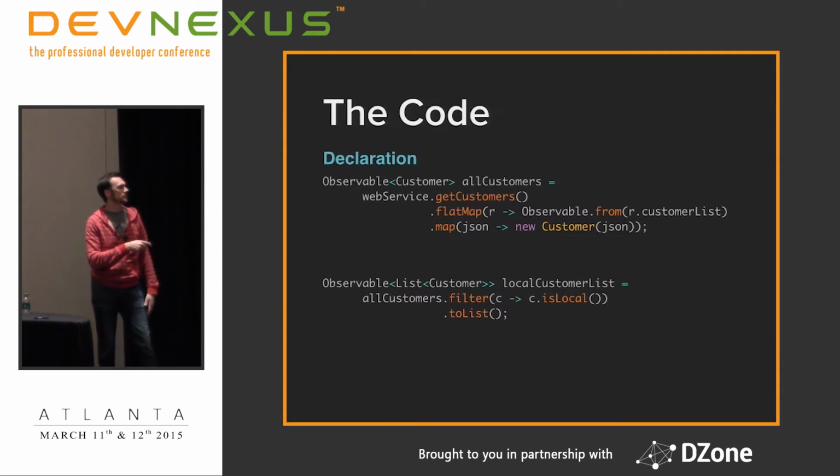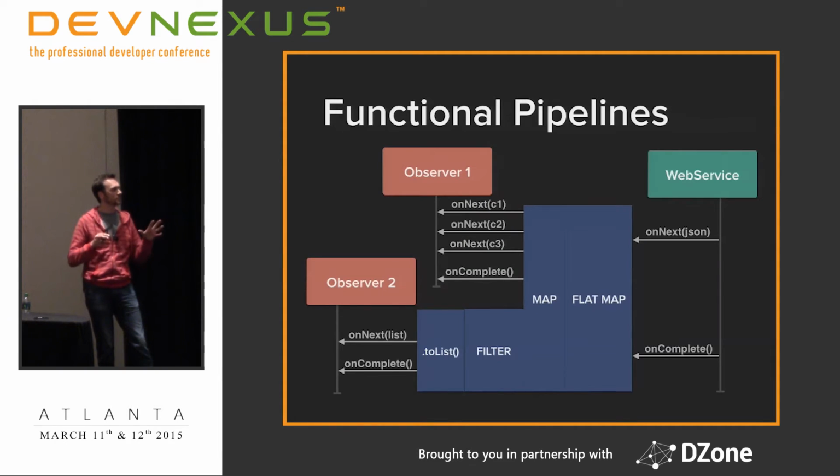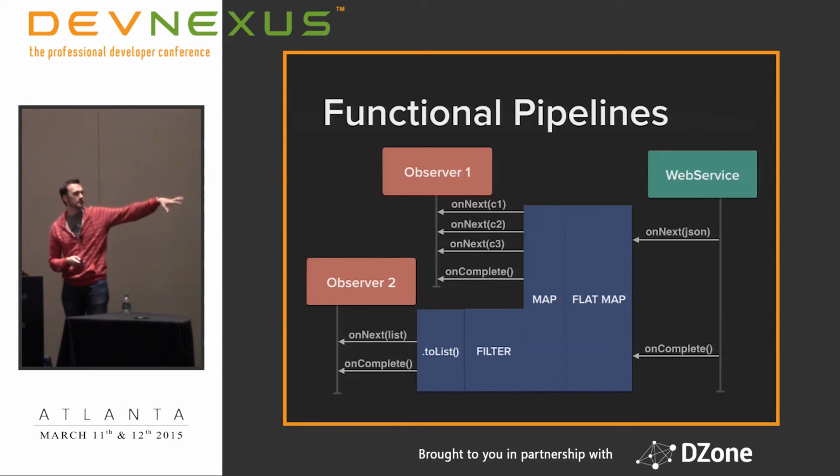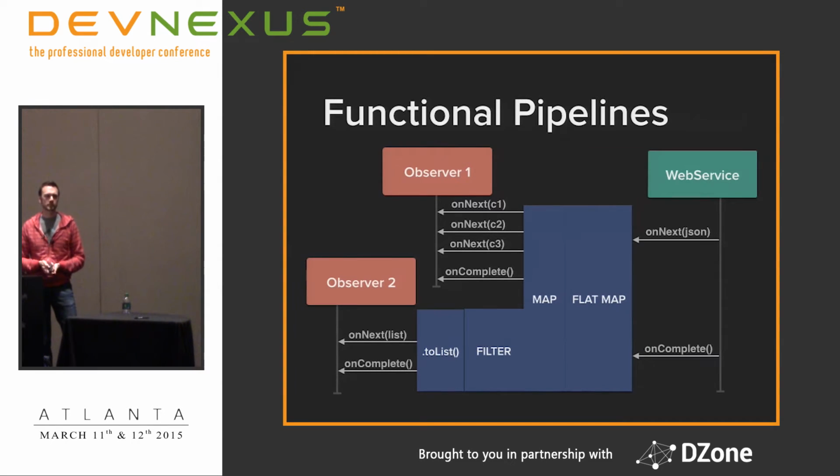So you can actually, off of this, add the filter in the to list. And what we've done is we've recomposed the functionality in different ways. Some of it's reusing the previous pipeline and then adding on to it, depending on the types of things we want to do with it.